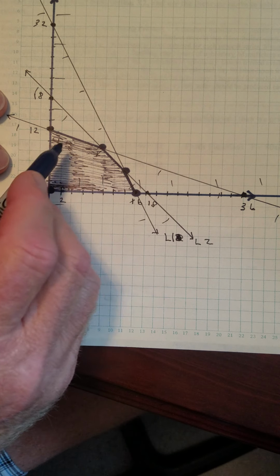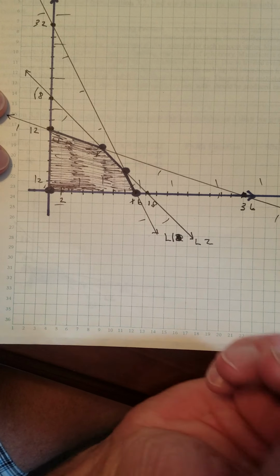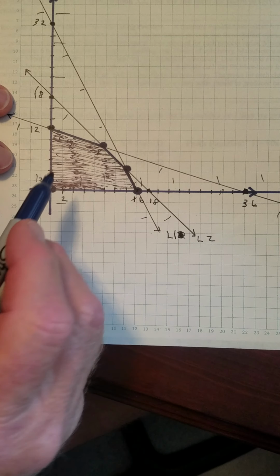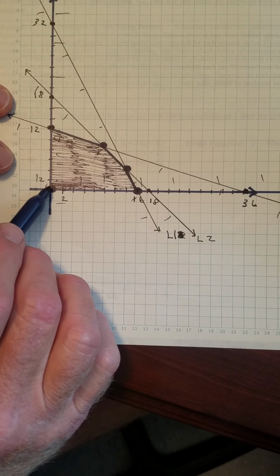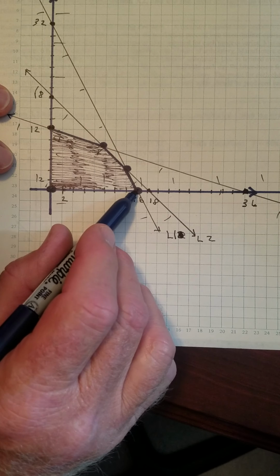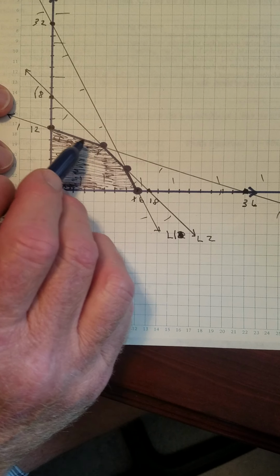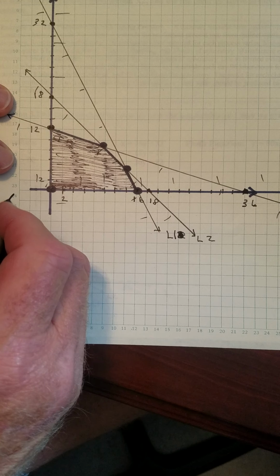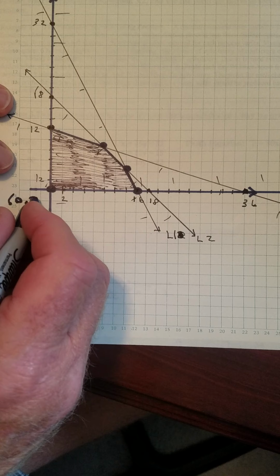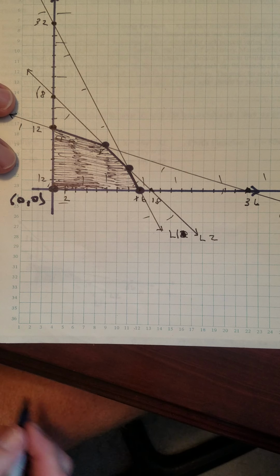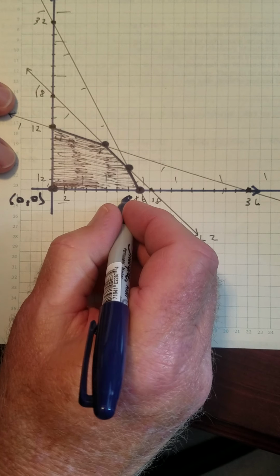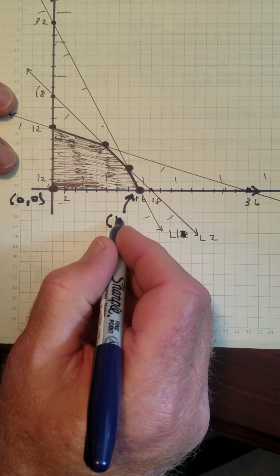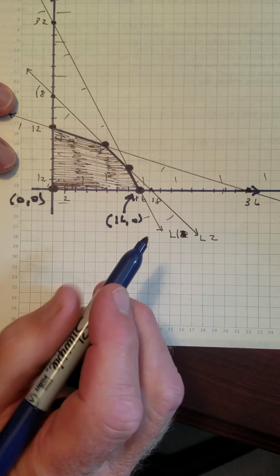But we did all of this so we could find our polygonal region or feasibility area, whatever you want to call it. And what I want you to notice is you've got 5 vertices. Call them corners if you want to. I need to know what the coordinates of each of those are. So I know this one is 0, 0. And I can tell this one, since that hits at 16, I know that's 16, comma 0.